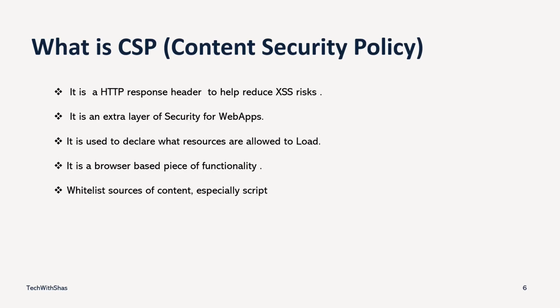The major role of this policy is that we can whitelist our resources. For example, for any UI application rendering, we need JavaScript to execute, we need images, we need styles. Those should be controlled by ourselves, because if somebody else is able to modify them at runtime, then it's a problem.